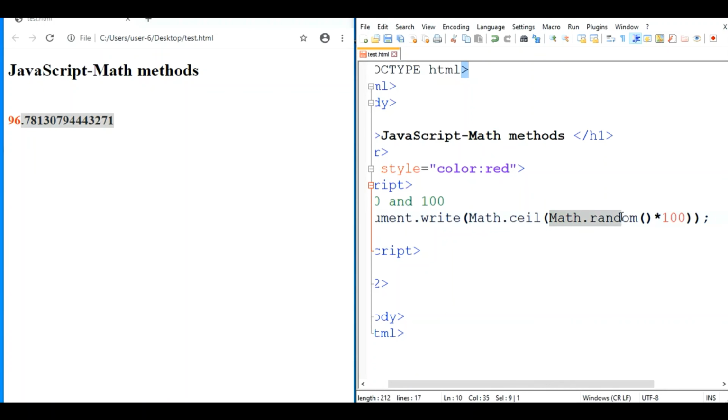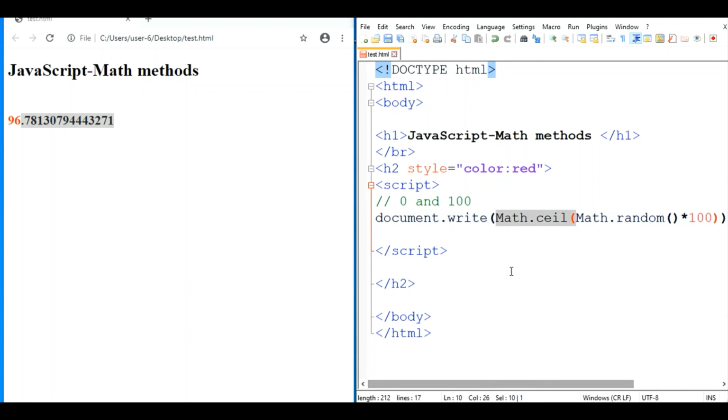So Math.random returns random numbers between 0 and 1, multiplied by 100, and at the same time to remove the decimal part we are writing Math.ceil. Now save this, refresh. Yes, 61, refresh 21, again refresh 18, refresh 29, refresh 100. So in this way we will get random numbers.